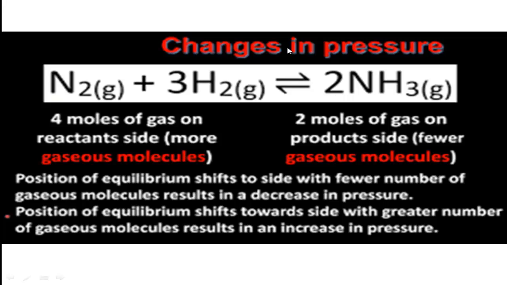So here if we increase pressure, then the equilibrium position shifts to the right side, and if we decrease pressure, then the equilibrium position shifts to the left side. So in this way, the pressure factor should be maintained according to Le Chatelier's principle.